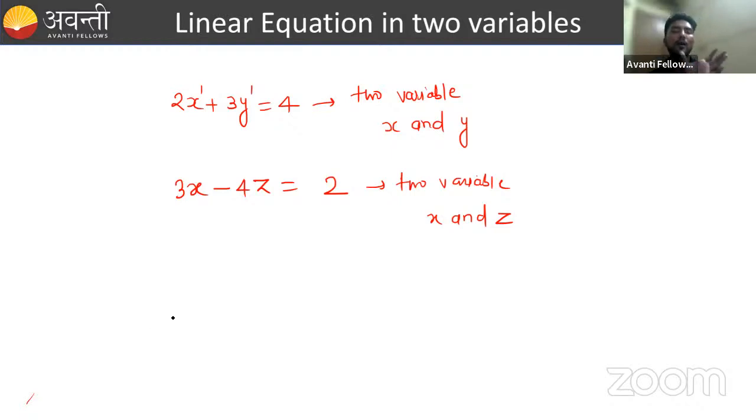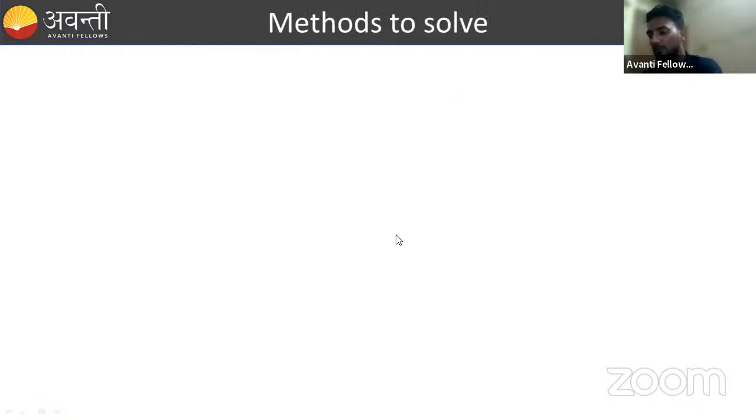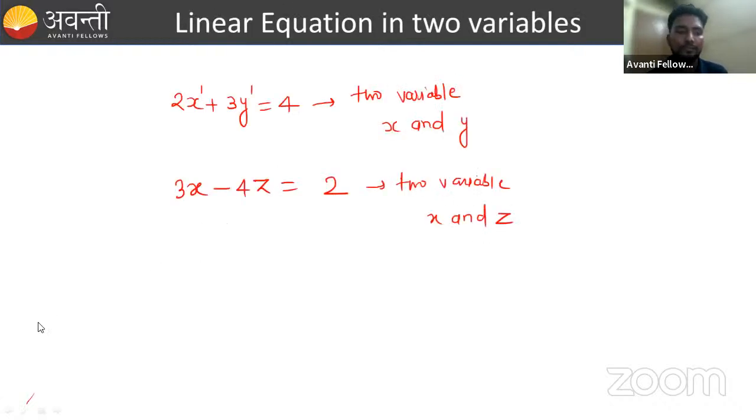If I will plot this equation in graph, अगर हम ग्राफ में इसको करेंगे तो हम इसको स्ट्रेट लाइन के फॉर्म में लिख सकते हैं. Okay, we can write in the straight line. So कैसे? So method to solve. सो कैसे करते हैं देखो.